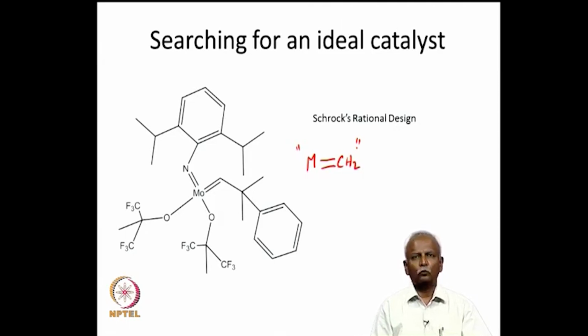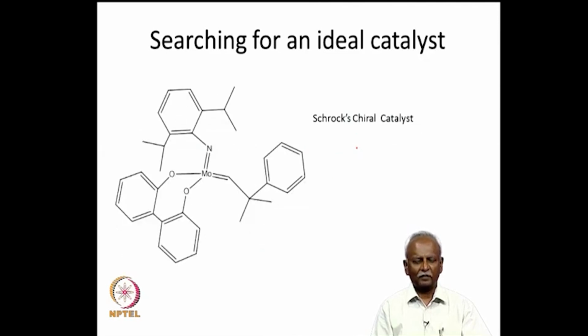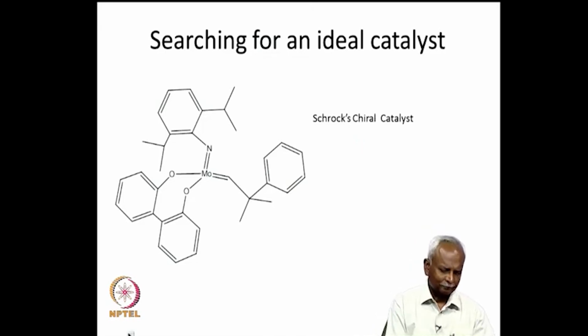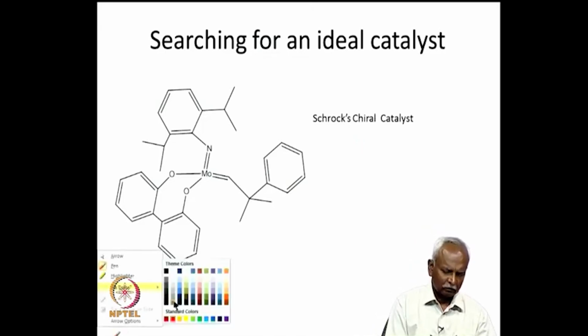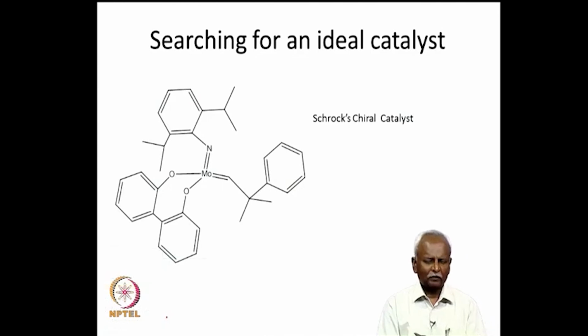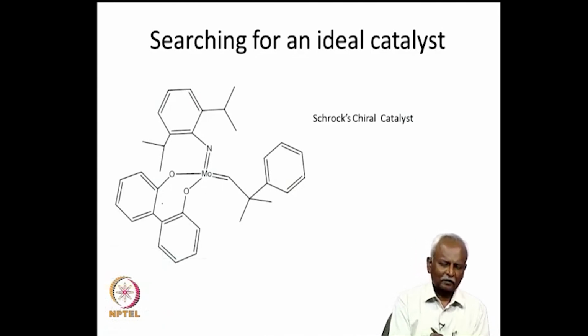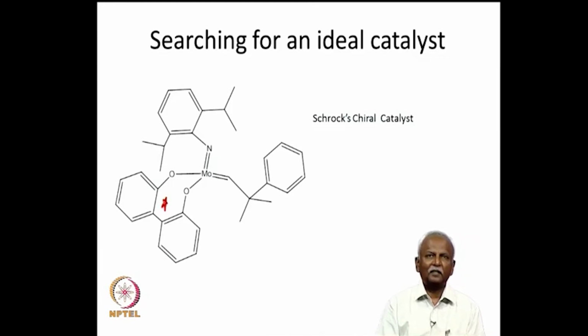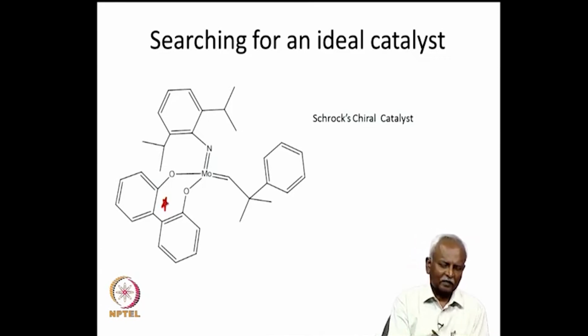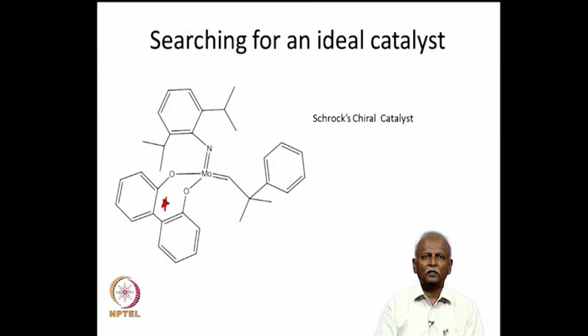Now, Schrock's catalyst also had another advantage, and that advantage is shown here, and that is the fact that you can generate a chiral Schrock catalyst. Now, if you remember, the catalyst center has got 2 alkoxy units, and binol, which is axially chiral, which means that there is no single carbon which bears an asymmetric unit.